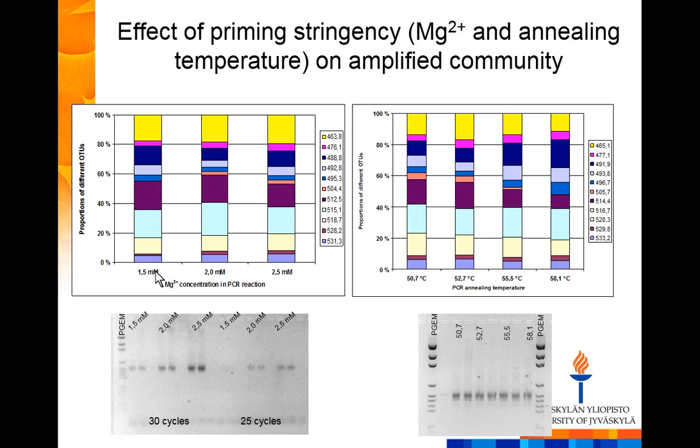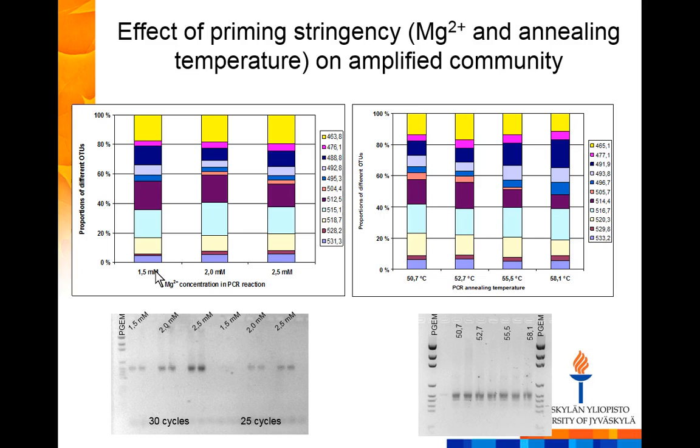What of course limits this is that you don't get too many non-target sequences. For example, if you try to amplify just bacteria, that you don't get archaea. Usually that's not really a big problem, and you can later filter out the archaeal sequences. Another technical problem is that at some point you will start to get more primer dimers.